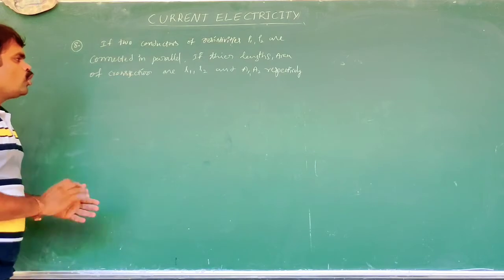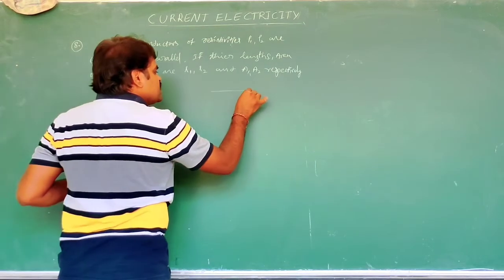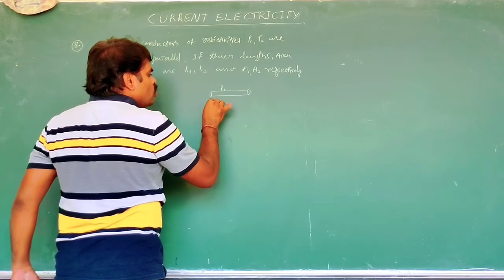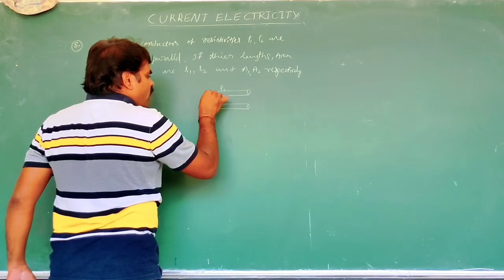Here the two conductors with resistivities rho 1 and rho 2 are connected in parallel.